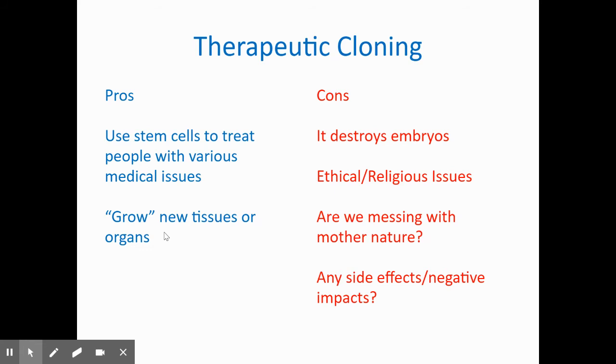Once again, these are all things to help somebody who maybe has bladder cancer. Well, you grow a bladder in a lab using their cells, and so then they're able to replace that organ.